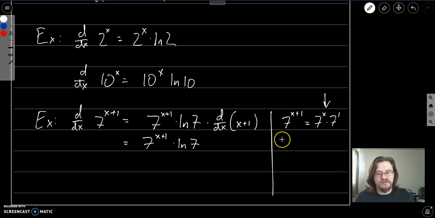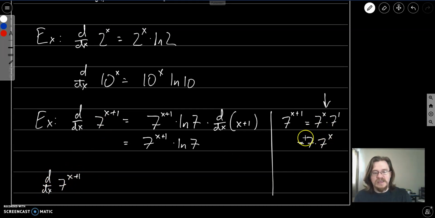So this is 7 to the x times 7 to the first power, which is just 7 times 7 to the x power. So if I want to take the derivative of 7 to the x plus 1, it's the same thing as taking the derivative of 7 times 7 to the x. When you take the derivative of a constant multiple, the constant just comes out.